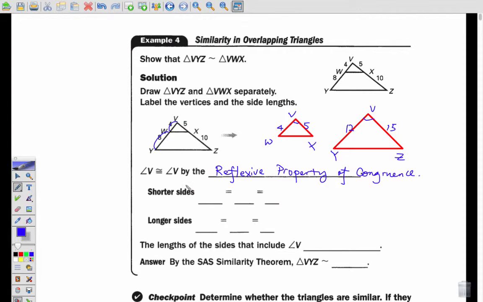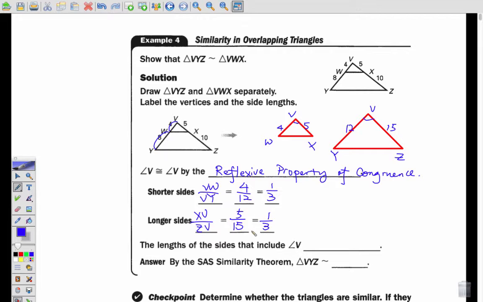And that is just like a mirror image, so to speak, right? And then we go for the sides. So let's go for the shortest side, VW and VY would be 4/12. 4/12 is 1/3. The longer side is XV/ZV, I think. And it's 5/15.